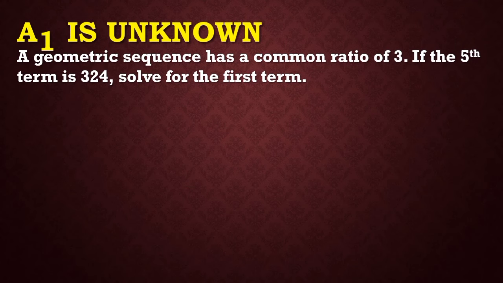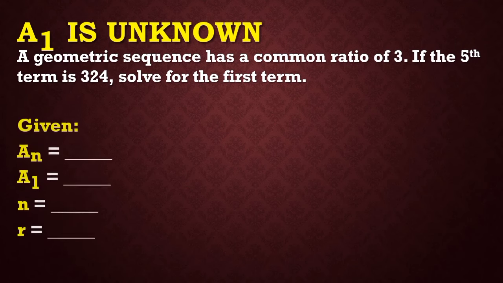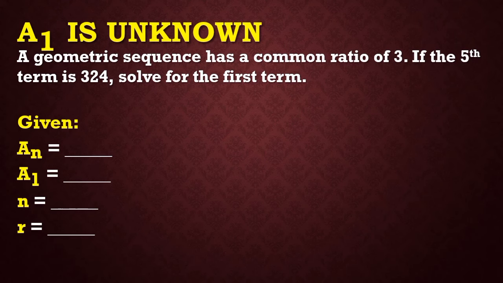So, possible ba yon? Yes po. So, given our a sub n, yung fifth term natin, siya ang magsisilbing last term or nth term. Okay? So, 324. And then, yung first term natin, yun naman ang unknown. And then, yung n natin, since given yung fifth term, n will be 5. And then, the common ratio is 3.